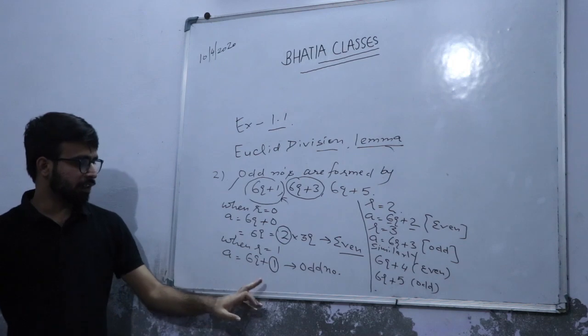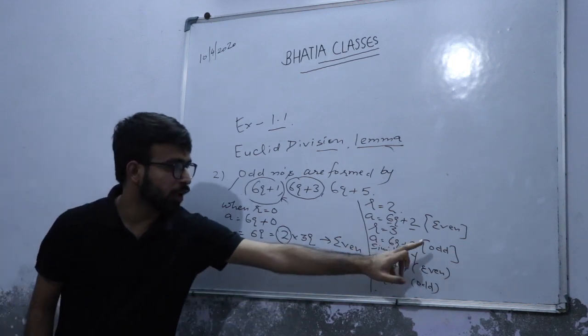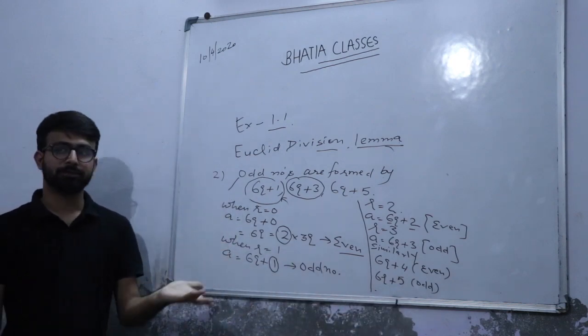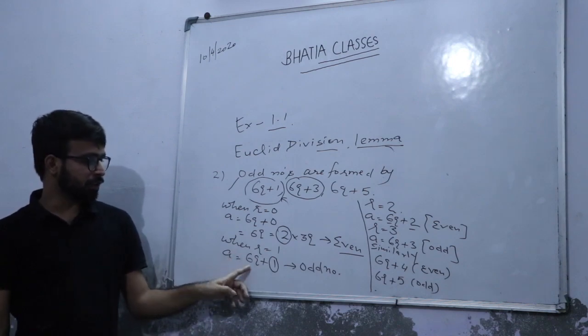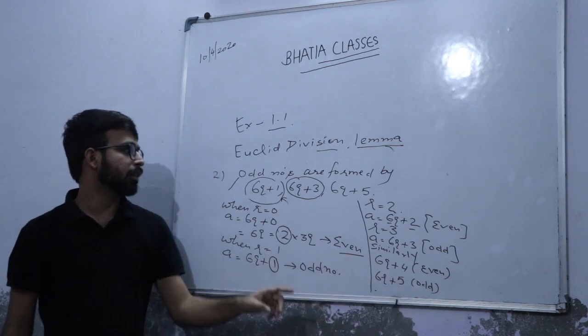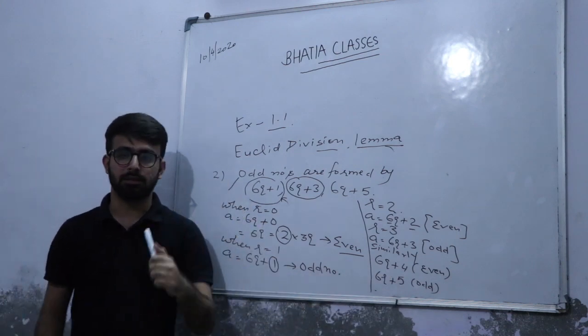Now you can see that 6Q plus 1, 6Q plus 3, 6Q plus 5 are odd numbers. So our problem is solved. Let me show you with the next one.